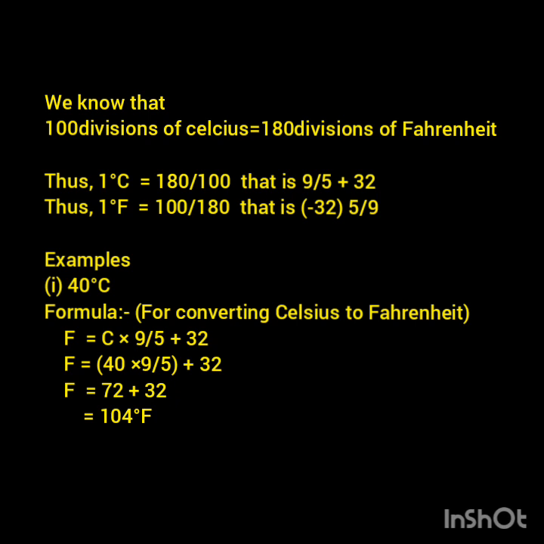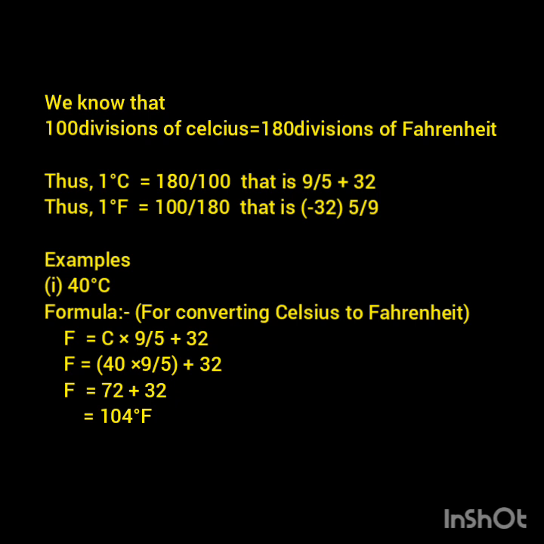Thus, 1 degree Celsius is equal to 180 divided by 100, that is 9 by 5, plus 32. How do we get this value? First, we cut the zeros in 180 and 100. Then we get 18 by 10. Divide the numerator and the denominator by 2. Then we get 9 by 5.